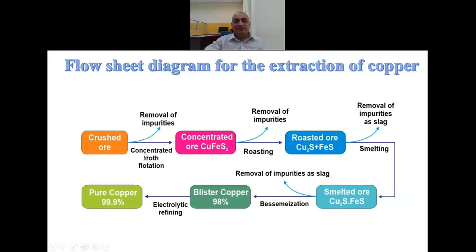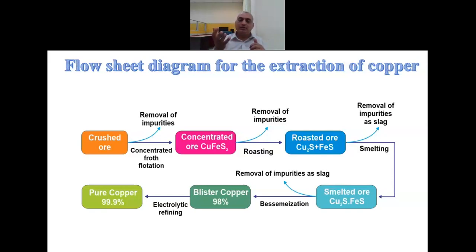And here we use the froth flotation process. In the froth flotation process, we transfer the crushed ore into a big tank and mix it with oil. Then we introduce water, then compressed air, and strong agitation.